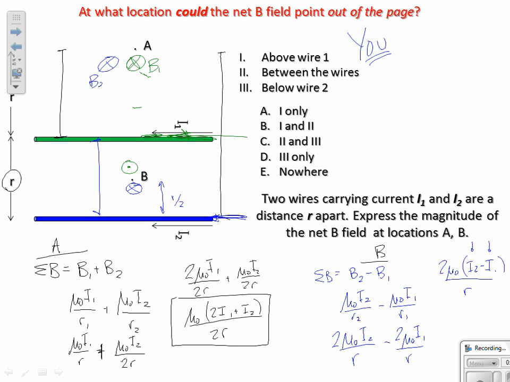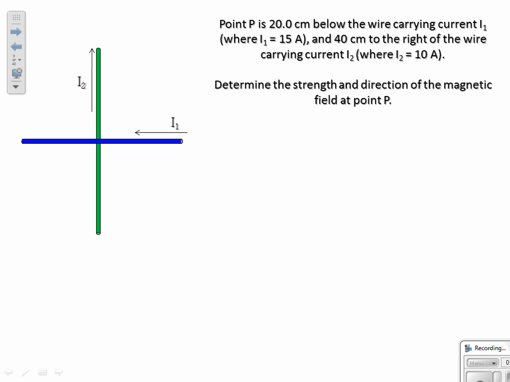But the net field depends on how strong each one of those currents is. Okay? I think that's it, folks.